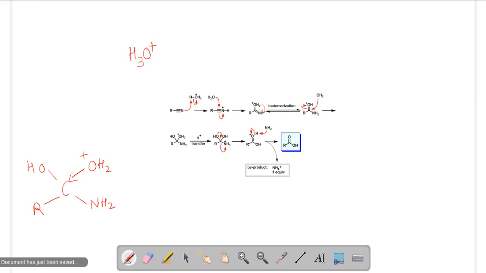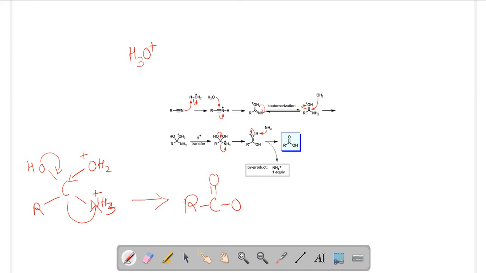Further, on acidification, what will happen? This oxygen will transfer here, okay, and due to this, what will happen? The formation of NH3 will take place here, and the removal of NH3 will take place, and it will get converted to RCO H plus and H. So as we know that NH3 is also present here, some of the NH3 will get attached here with this H, and they will remove this H. Due to this, what will happen?